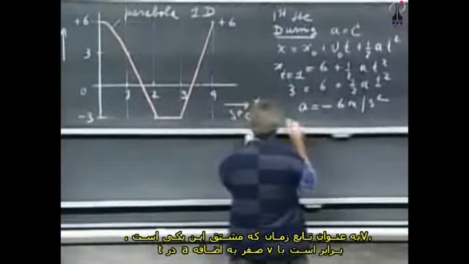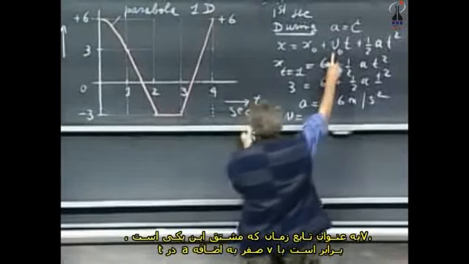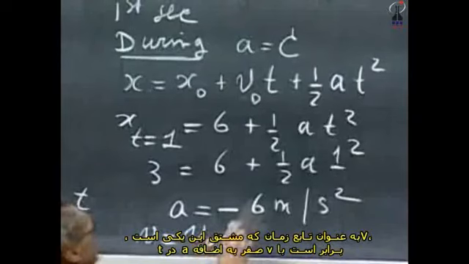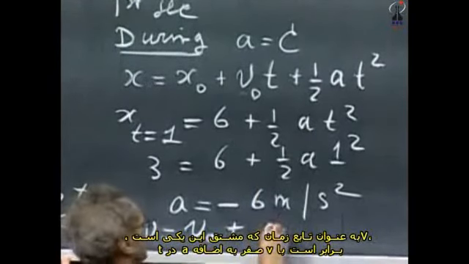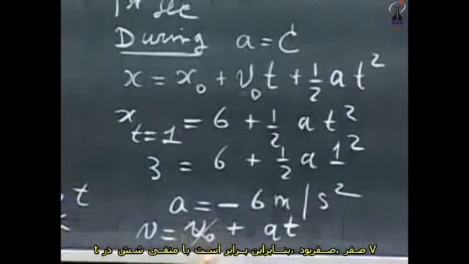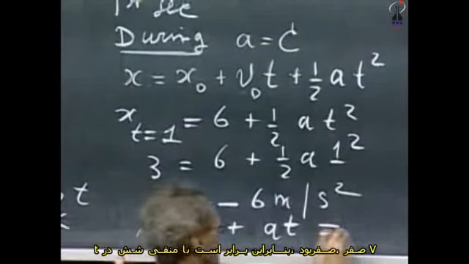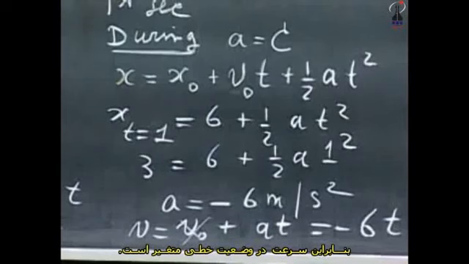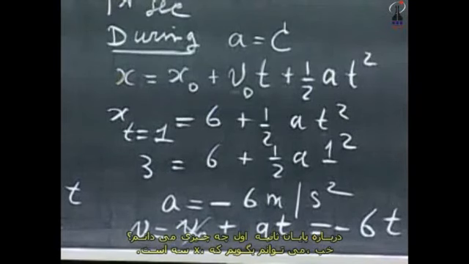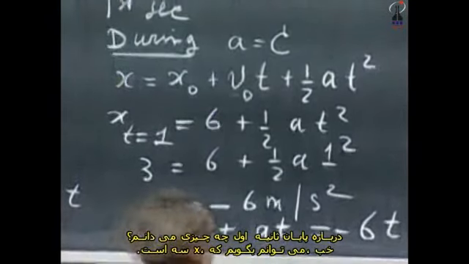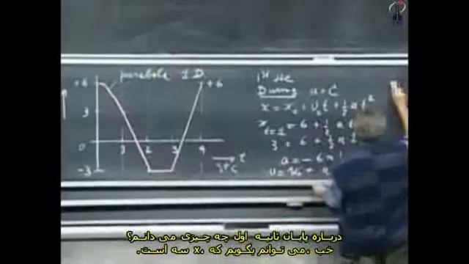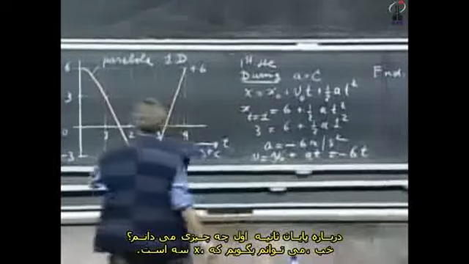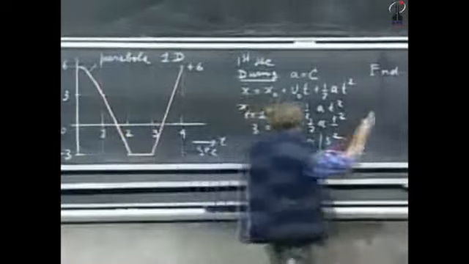And the velocity v, as a function of time, is the derivative of this one, is v0 plus at. v0 was 0, and so that is minus 6 times t. So the velocity is changing in a linear fashion. What do I know about the end of the first second? Well, I can say that x is 3.